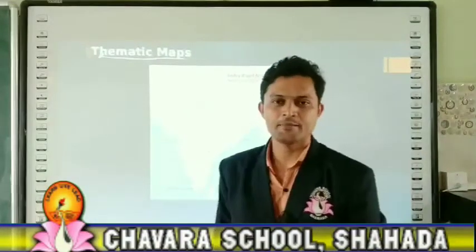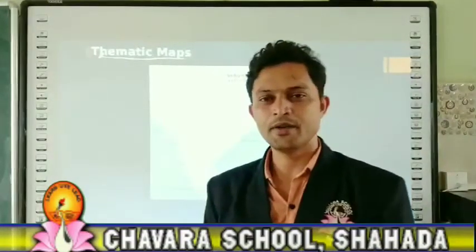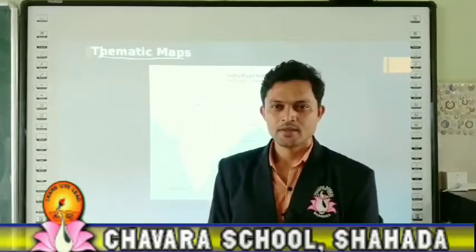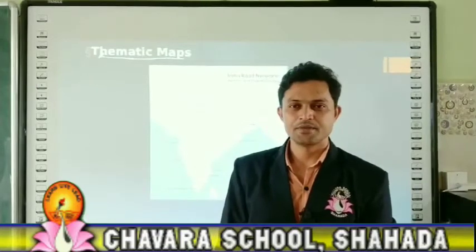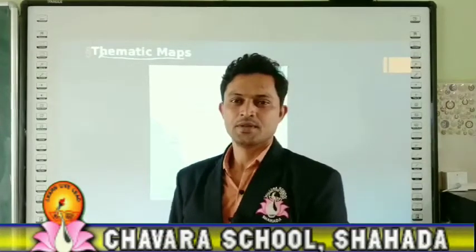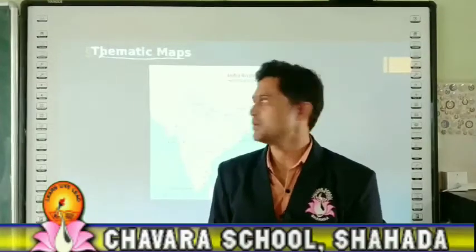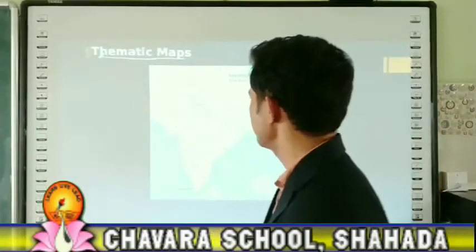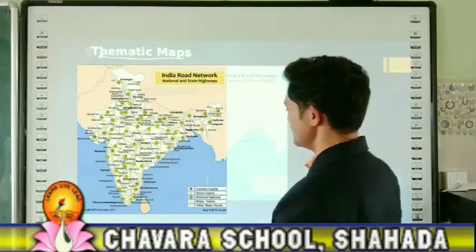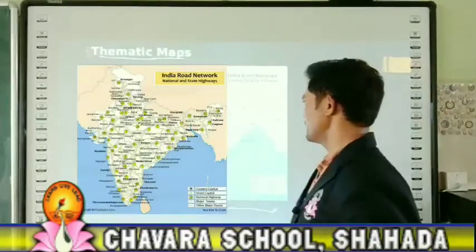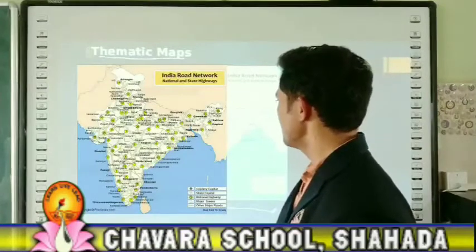A thematic map particularly deals with a specific theme, such as road maps, rainfall maps, temperature. So such variables can be shown using these thematic maps. You have been provided with one example on the screen. This is the Indian road network and it is an example of a thematic map.